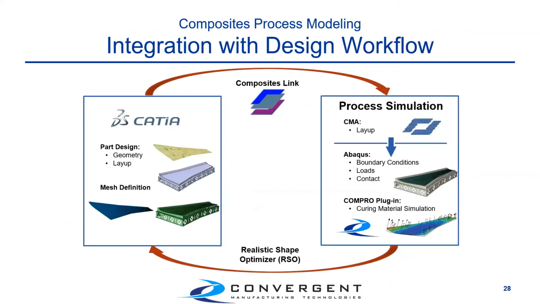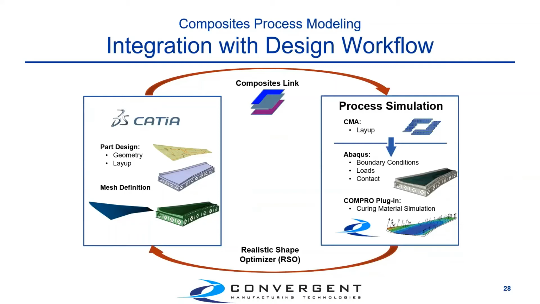This is the workflow of integration with the Dassault Systèmes tool. You start with a geometry definition, a surface definition in CATIA, and you have your layup information defined in CATIA. There is the Composites Link product that Dassault Systèmes offers that will bring that information, the surface information and the layup information into ABAQUS.